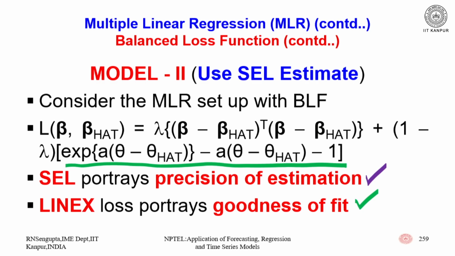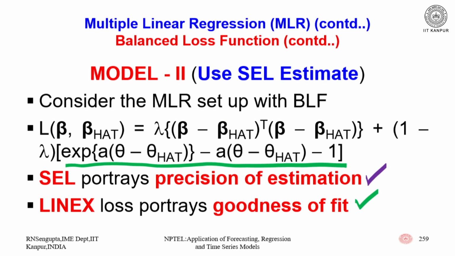So, the main concern is that you are utilizing the precision of estimation for beta and subsequently giving the weightage of 1 minus lambda to the loss corresponding to the goodness of fit, which is for theta, beta then theta.